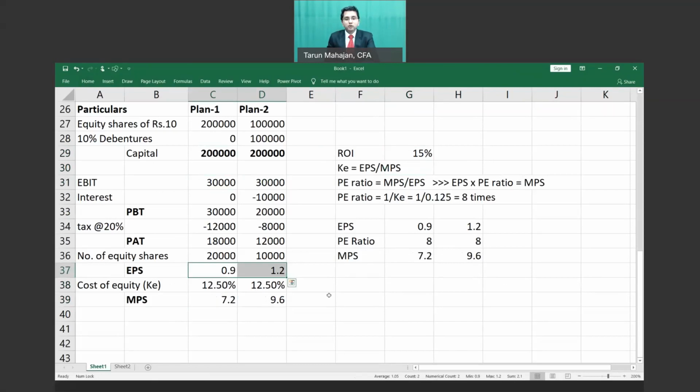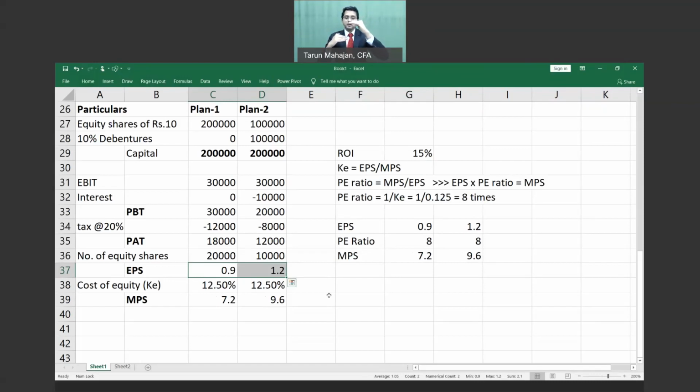But at least you should know that today this is good, but tomorrow if EBIT fluctuates, my decision can go wrong. So what is the indifference point? Indifference point in this example is 20,000. Currently, you are expected to earn 30,000. So here, debt plan is good.